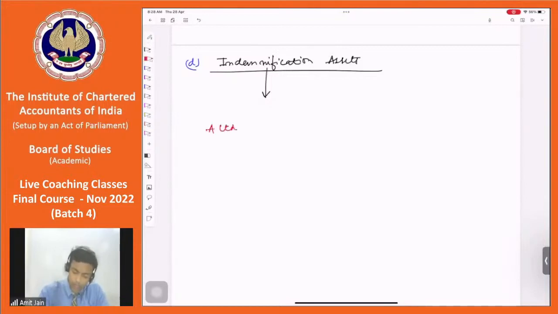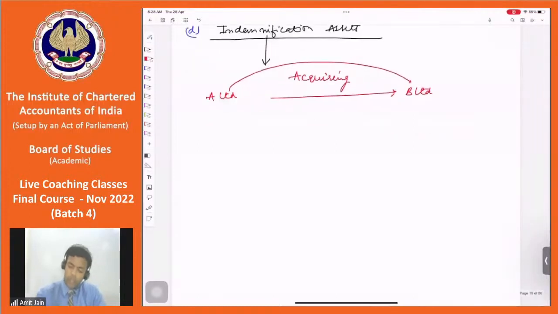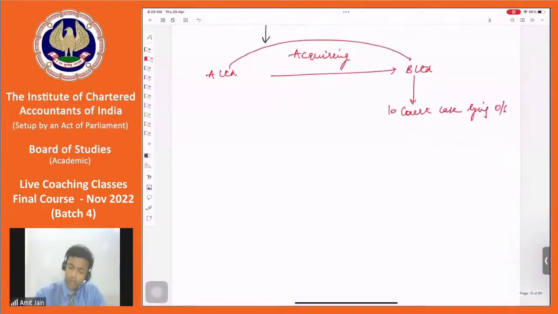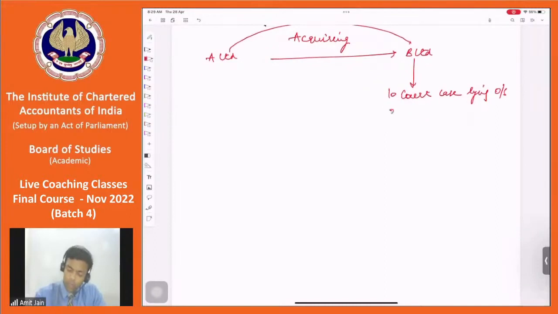A Limited and this is B Limited. A Limited is acquiring B Limited, right? And B Limited has 10 court cases lying outstanding, 2 suits filed by vendors, right?